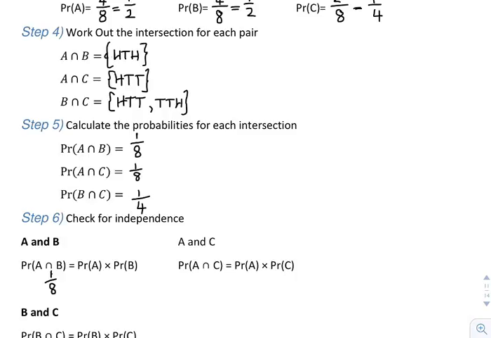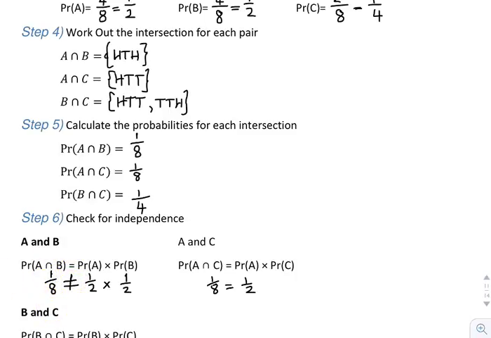It should actually be 1/4. And we know that the probability of A is 1/2 and the probability of B is 1/2. So in fact, A and B are independent of each other, since 1/2 times 1/2 is equal to 1/4.